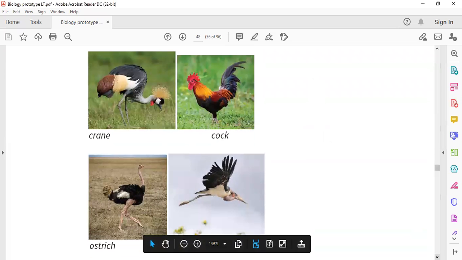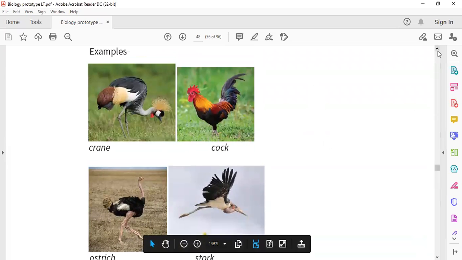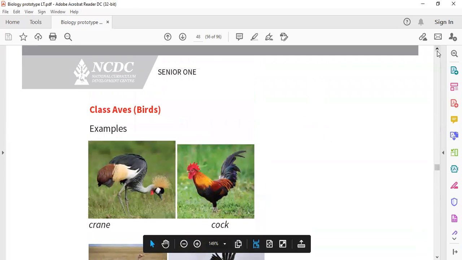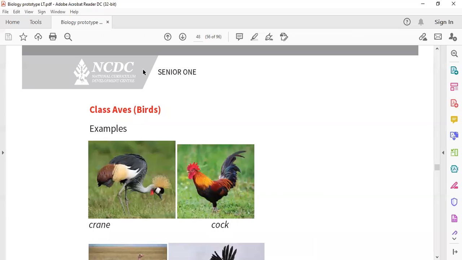Okay, then which other examples do we know of organisms that belong to this class Aves? Can you cite other examples from different participants now? Vulture. Okay, the vulture. The duck, that is right.